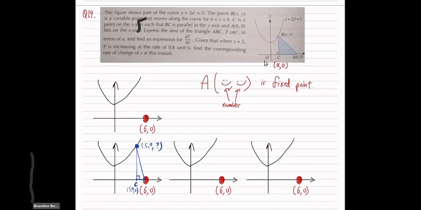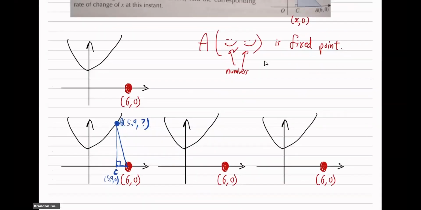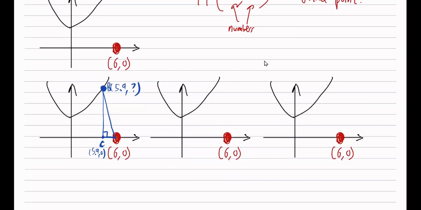This is the point B. Then you can move the point B a bit towards the left. So you end up somewhere here, maybe 4 comma question mark, whatever the question mark is. You can just sub into y equals 2x squared plus 3. So it's 2 times 4 squared plus 3.